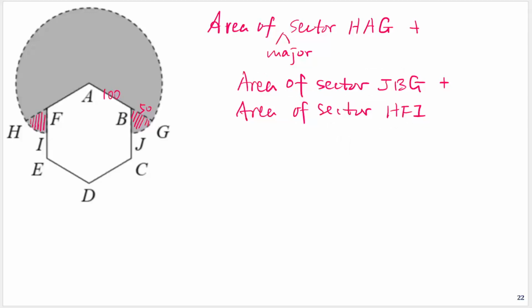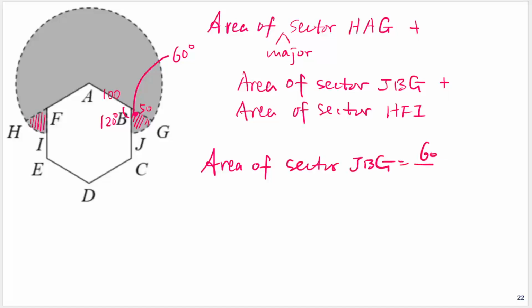Since angle ABC is 120 degrees, because ABCDEF is a regular hexagon, we have angle JBG equals, here, this angle is 60 degrees, right? Therefore, we have the area of sector JBG is 60 over 360 times pi r squared, right?